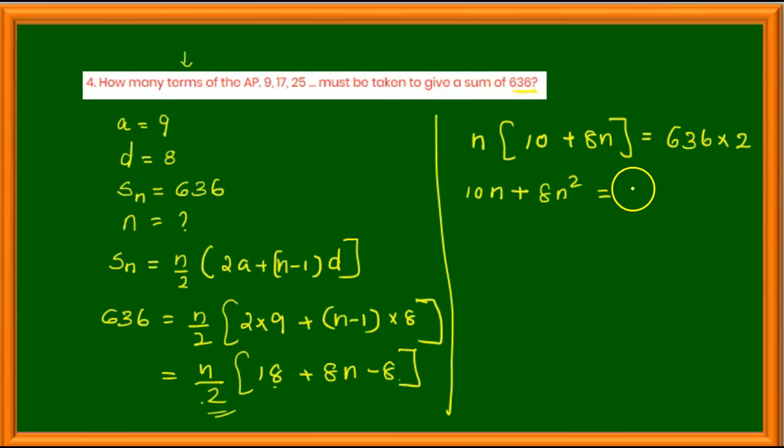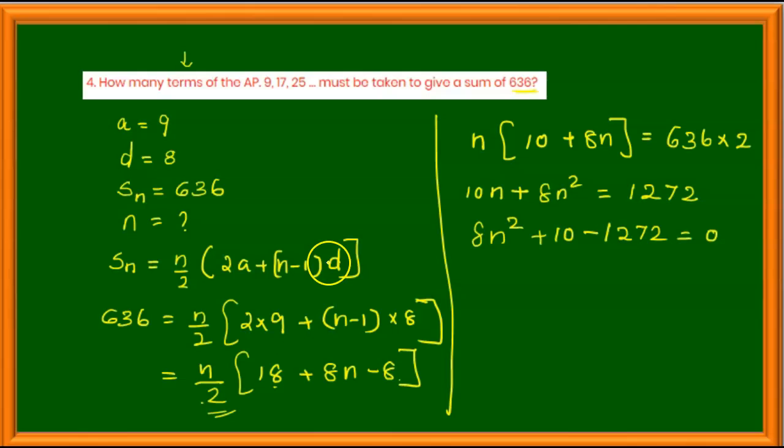Double of 600 is 1200, and double of 36 is 72. So collecting all the terms to one side, you will get 8n square plus 10n minus 1272 equal to 0. This is a quadratic equation, is it?